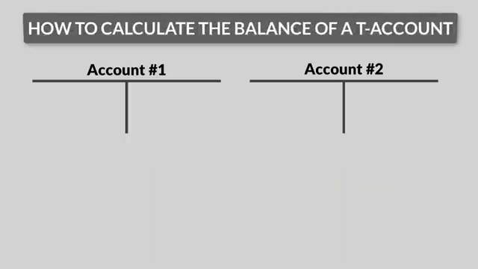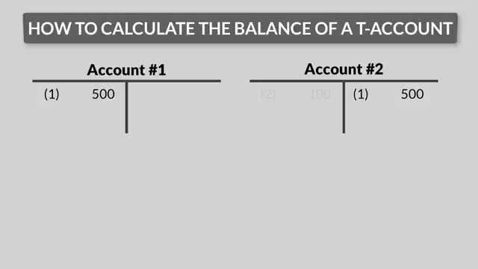And that's to figure out the balance in a T account. The balance is basically the total of an account. So let's say we have these two accounts visualized as T's. Then we record some transaction to them. First, account number 1 gets a debit of 500, and account number 2 gets a credit of 500.